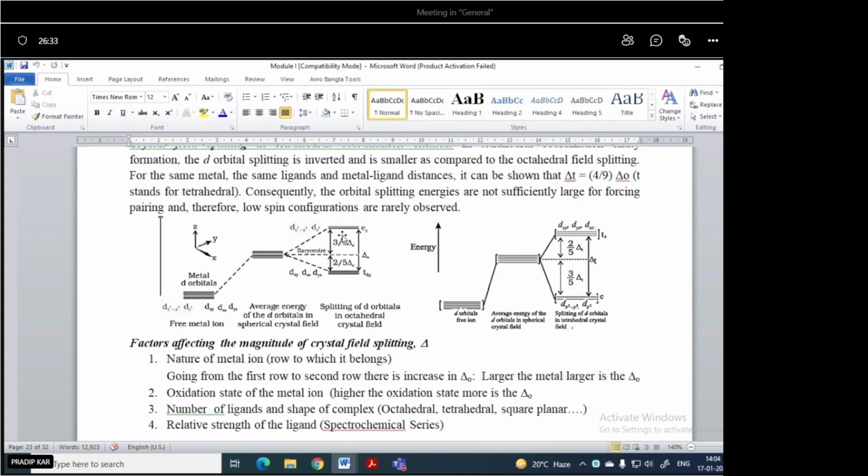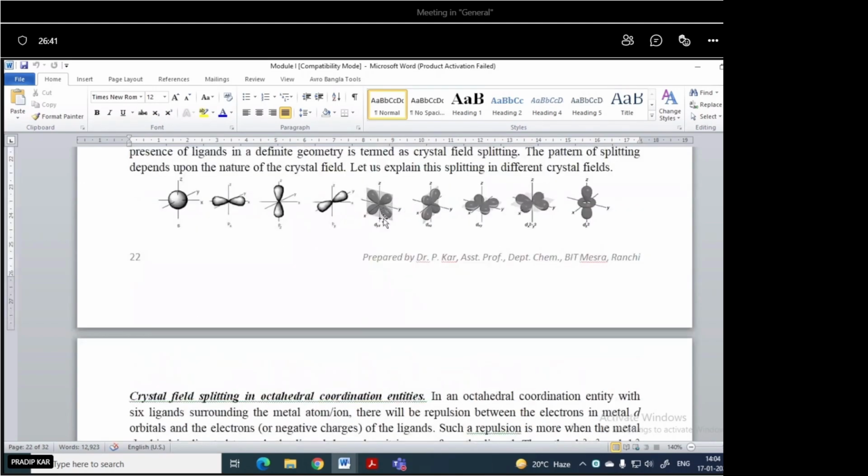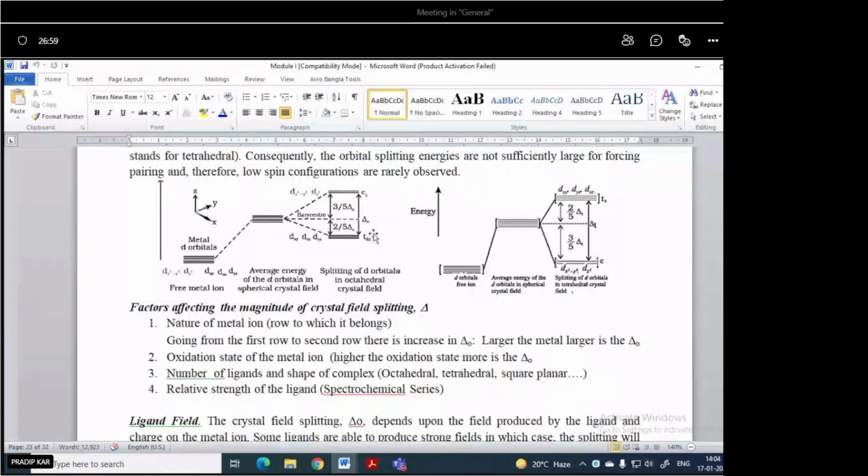Then the splitting occurs into 3 orbitals and 2 orbitals. Why 3? Because the ligands approach through the x, y or z axis, so the x lobe, y lobe and z lobe will interact. The other two will not interact. So the 3 have lower energy and the other 2 have higher energy. Is it clear?